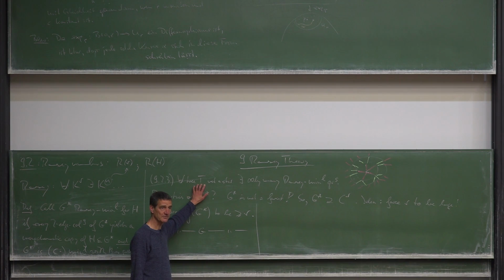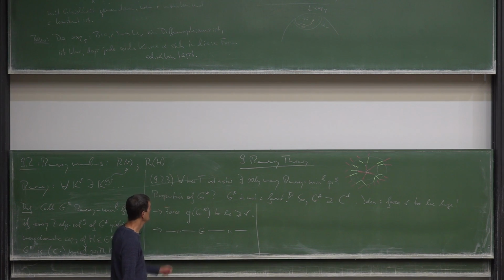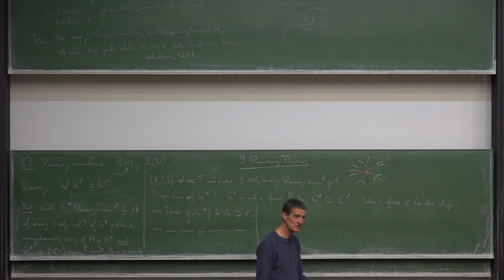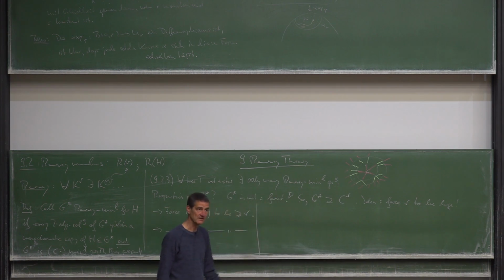If we can find a chromatic number that forces that, then choosing a graph G with that chromatic number and large girth, find inside that G a G star that will still have large girth, and then we'll be done. So we're looking for a chromatic number that will force on any edge coloring of the graph a copy of T.